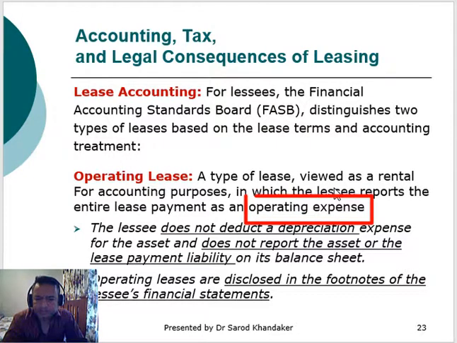For example, the lessee does not deduct depreciation expenses for the asset and does not report the asset or the lease payment as a liability on its balance sheet. So it uses the monthly lease payment as an operating expense. Operating leases are disclosed in the footnote of the lessee's financial statement.